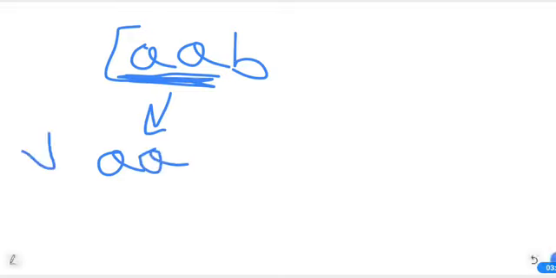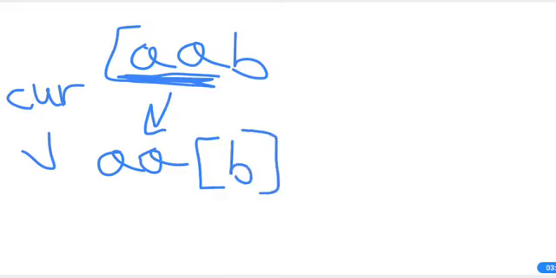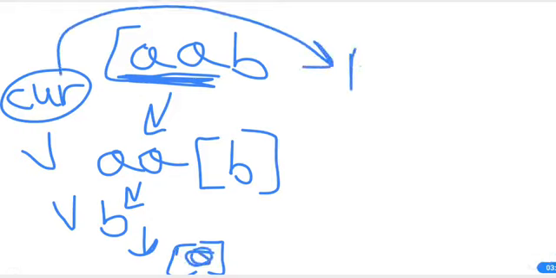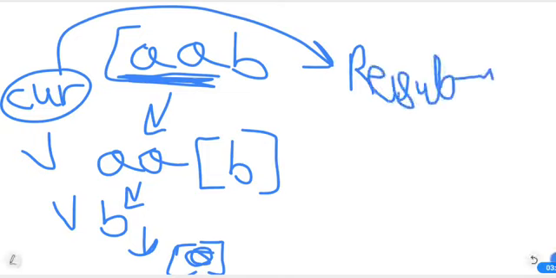Yes, good. Add it to current. Now what's left? B. B is a palindrome? Good. Add it to the current. Now what's left? Empty. Empty is like a base case. Nothing to add here. We reached the base case. Add current to the result and return.